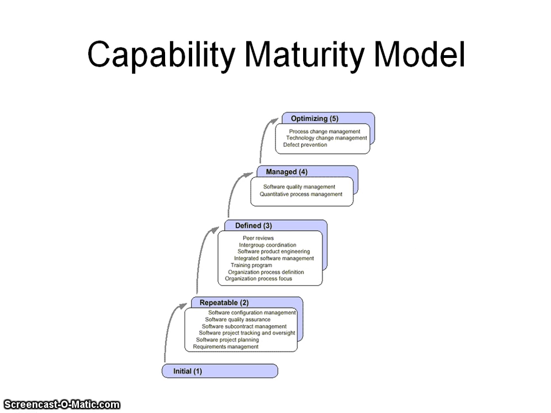The figure also shows the key process areas for the different levels. For an organization to achieve a maturity level, it must satisfy all the key process areas at that maturity level as well as the key process areas at all lower maturity levels.